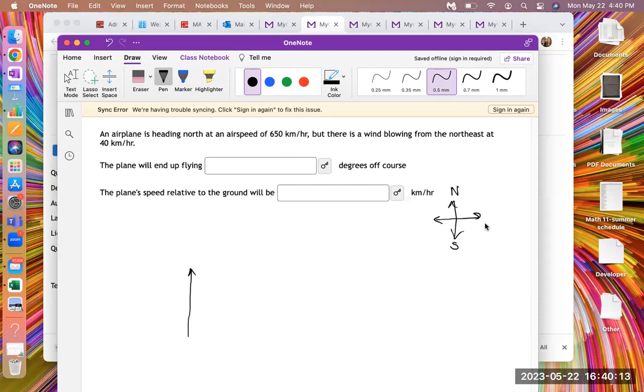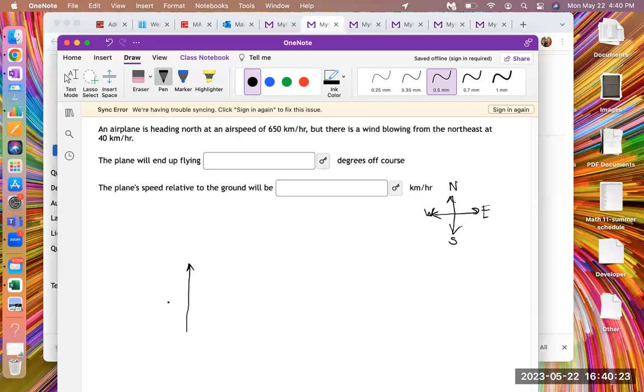North, south, east is to our right, and west is to our left. There goes 650. They're going that speed north.